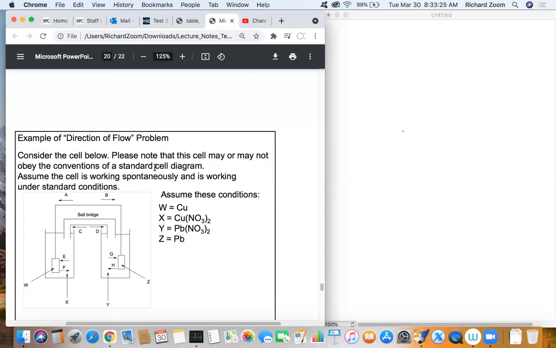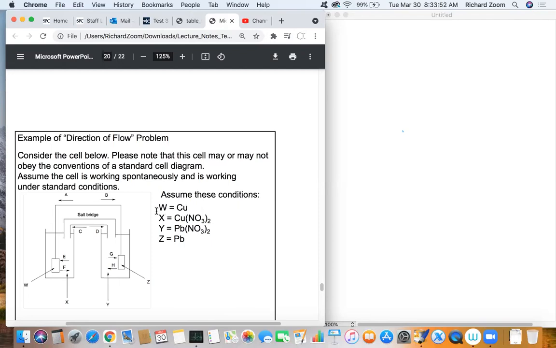What I mean by that is when we set up a cell diagram, we automatically make the first thing the anode. The thing on the left is the anode. But in this kind of diagram, the anode could be on the left or the right. And you'll have to decide which one is the anode and the cathode by determining which produces an E0 cell that's positive.